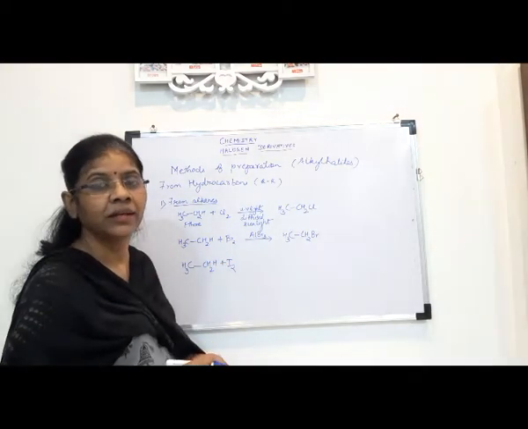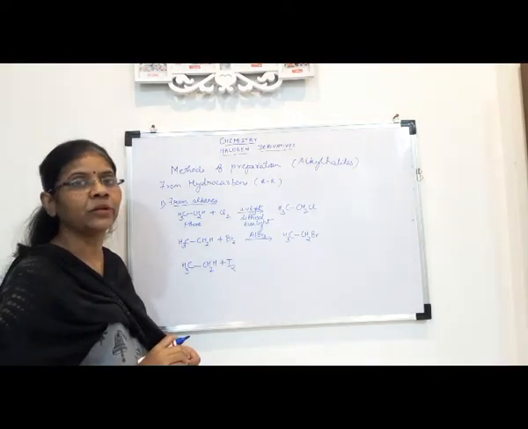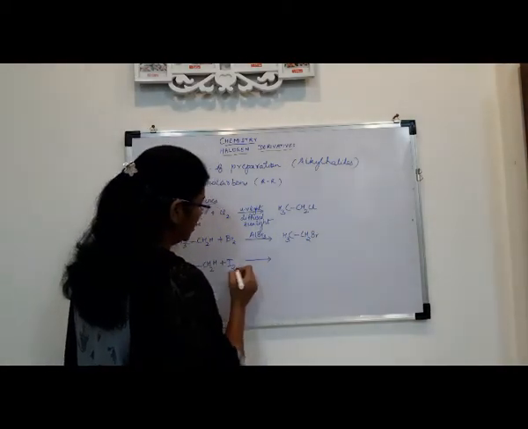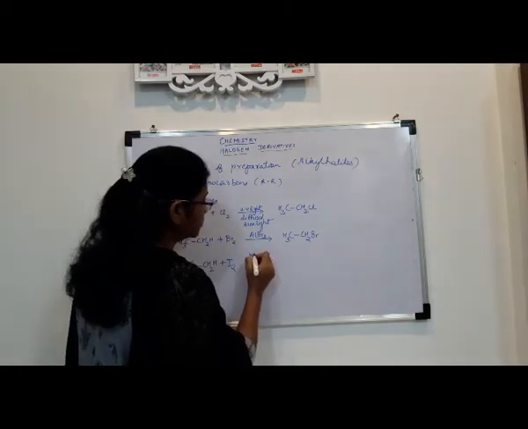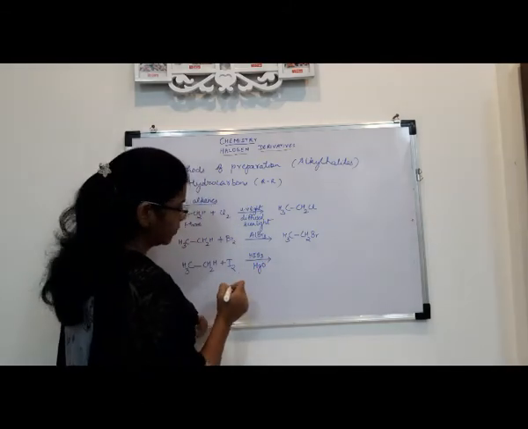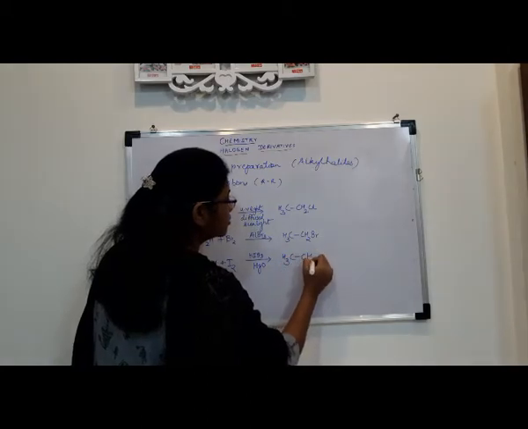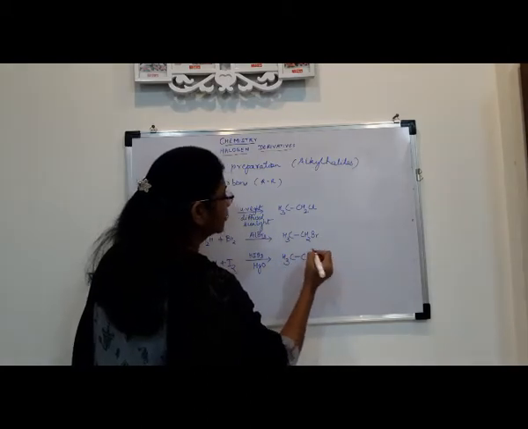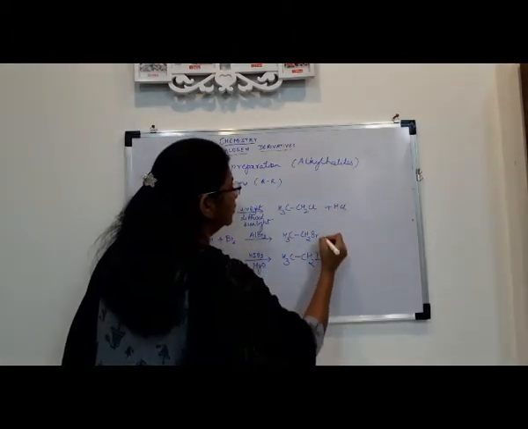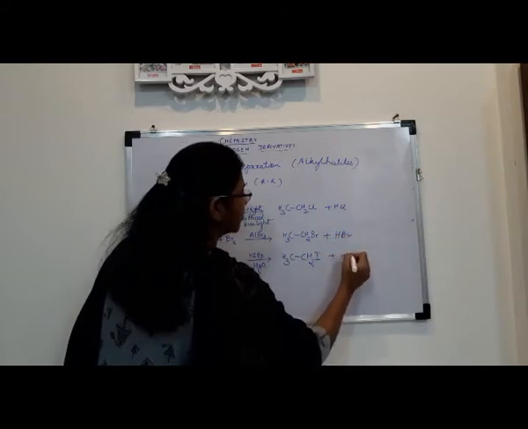Halogenation reactions. Reaction of an alkane with halogens X2, Cl2, Br2, I2, that reaction is called halogenation. With I2, but now you will have to use HIO3 or HgO. And what will you get now? CH3CH2I. Of course, here the byproducts are HCl, HBr and HI.